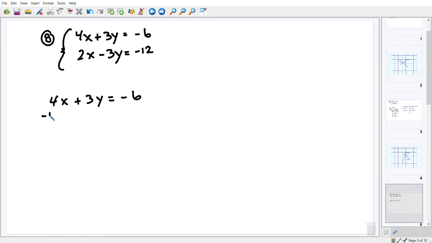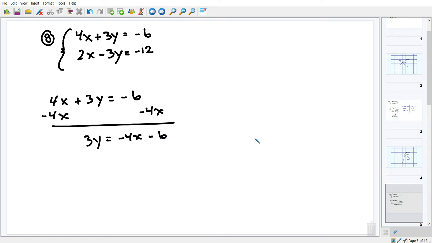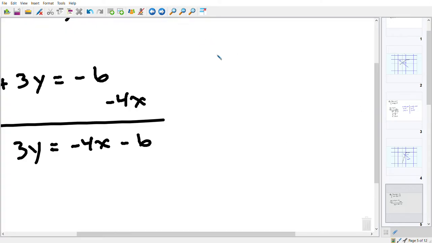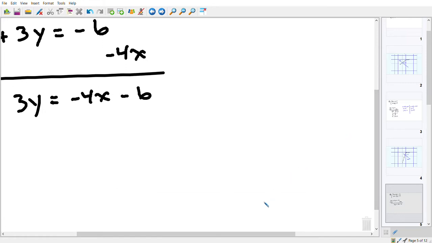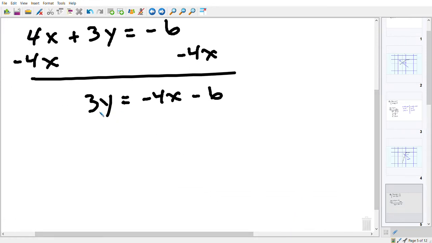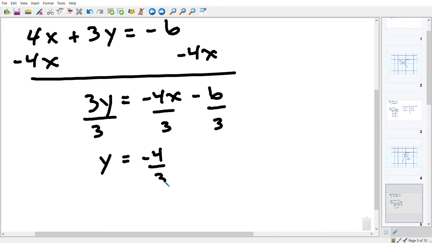So let's subtract 4x both sides. 3y is equal to negative 4x subtract 6. And then divide. Can't reduce for the x part, so we just go ahead and write it as a negative 4/3 x.